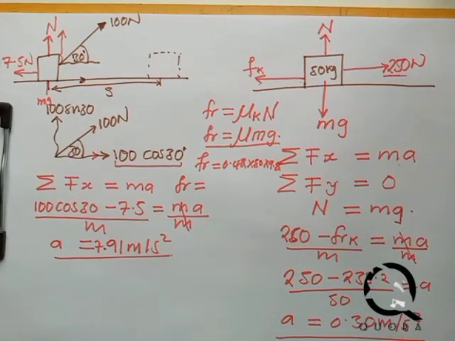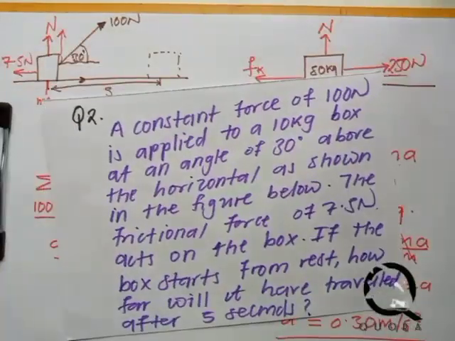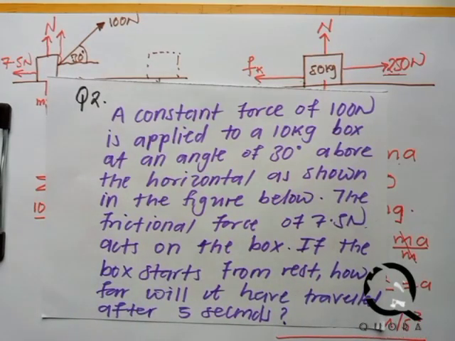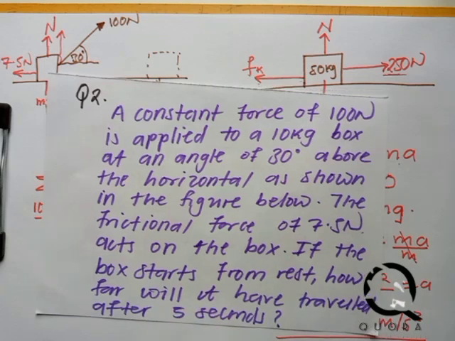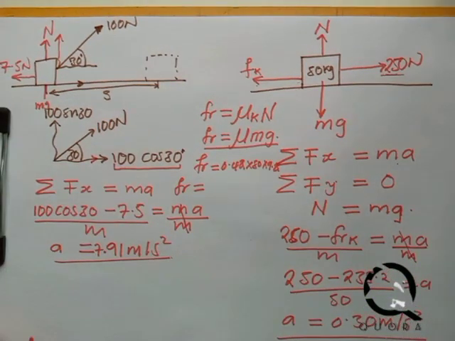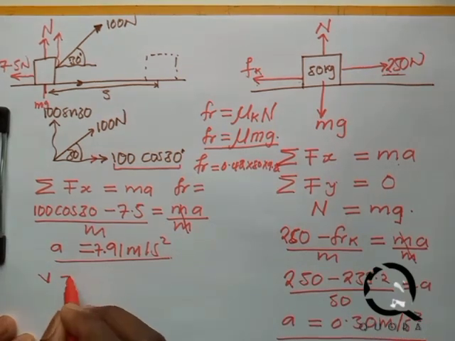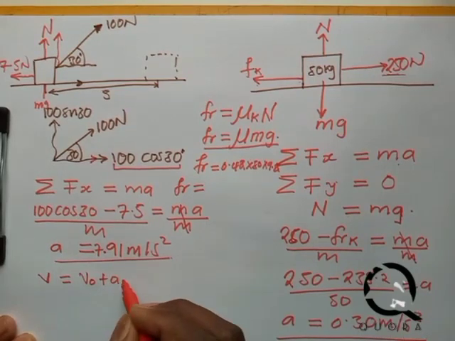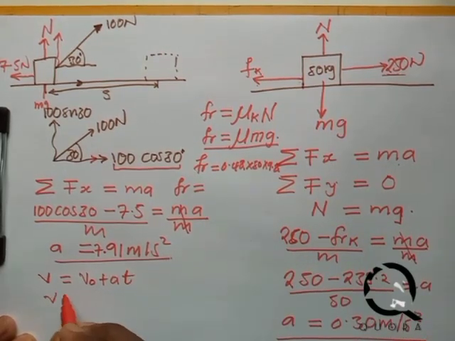Just a bit, I want to get back to the question itself. This question is telling us it started from rest, meaning the initial velocity has to be considered to be 0. We also have 5 seconds. We've diverged to what we call kinematics. We have 3 important equations that mostly help us find unknown variables.